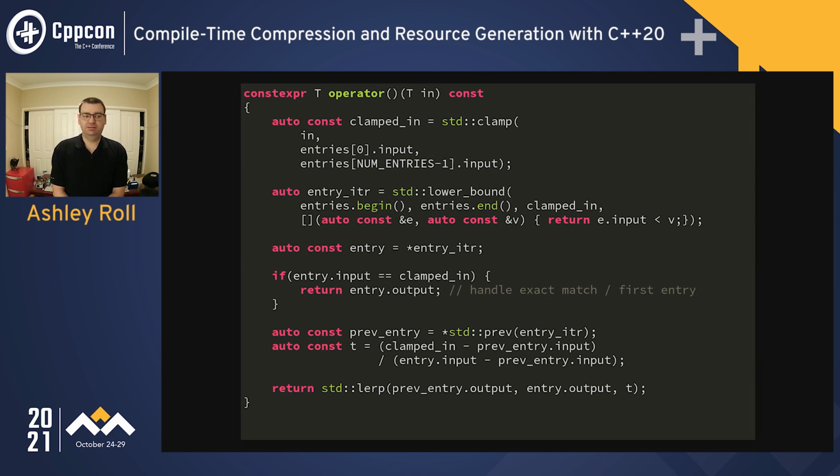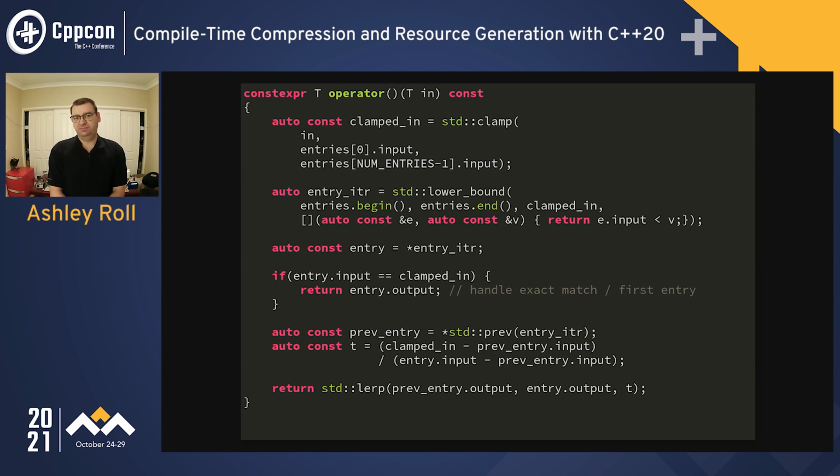We then apply another standard algorithm, std::lower_bound, which will find the first element that is not less than the value we've asked for, and we search the input in our array, get access to our entry, and then if we happen to be the initial value, we're not going to have a previous element to interpolate from, so we just check that, and that handles landing on an exact match.